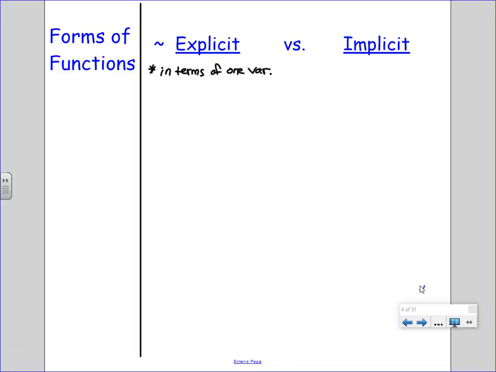In terms of one bar, or solved for one bar, we can say something else to the effect of, not the independent, lo siento, the dependent bar.